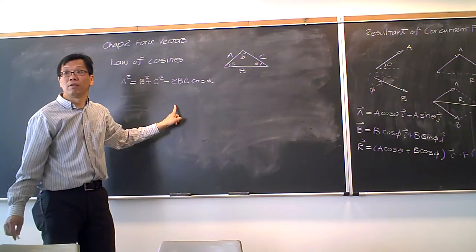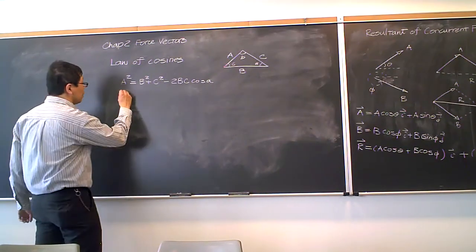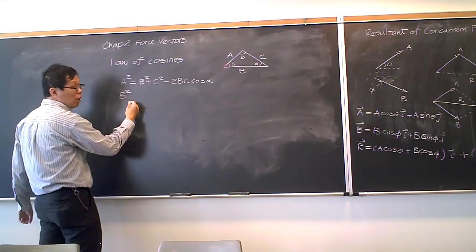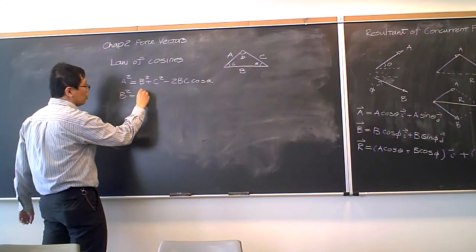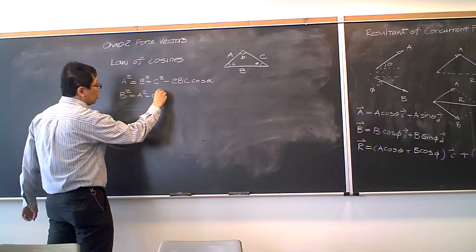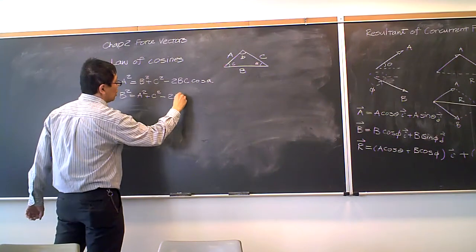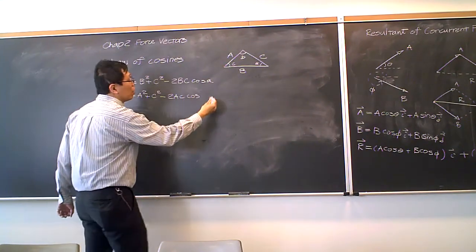That's my law of cosines. Which means if I want to know B squared, the length of B is going to be A squared plus C squared minus 2AC and the corresponding angle, which is B.